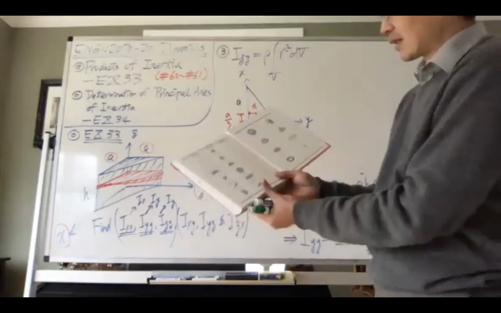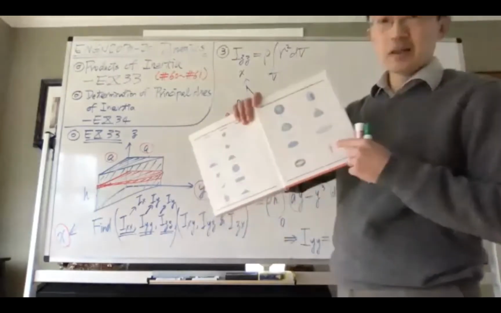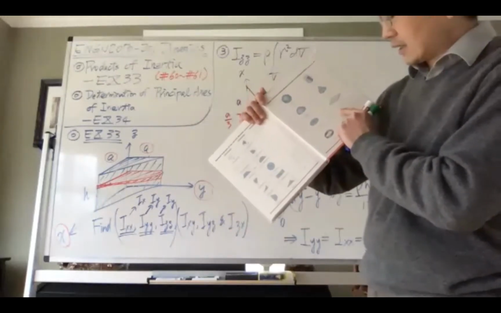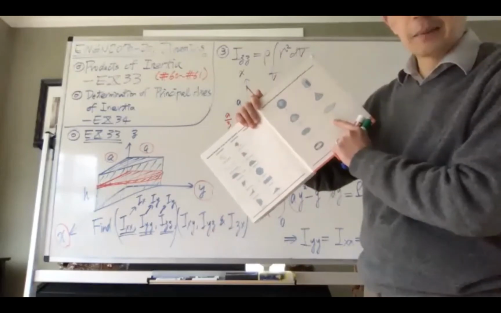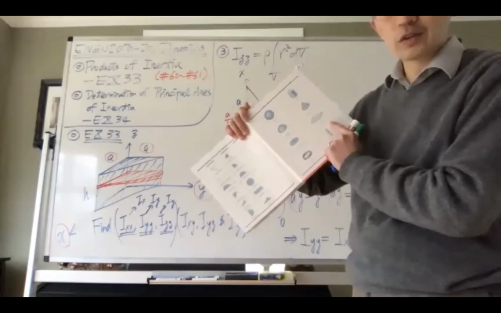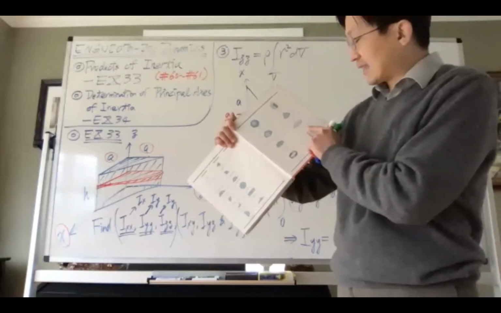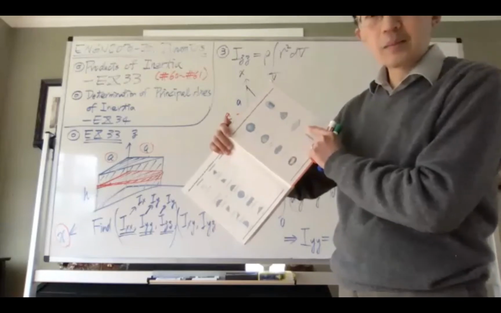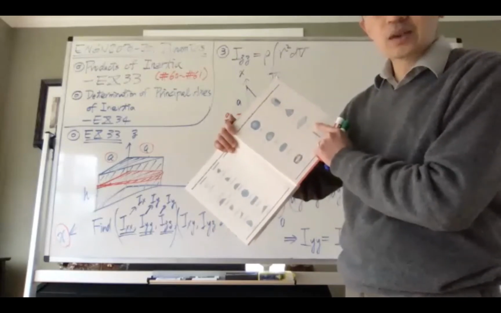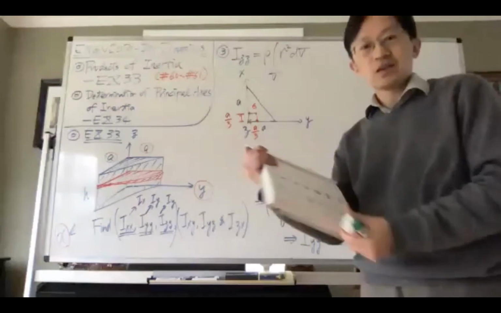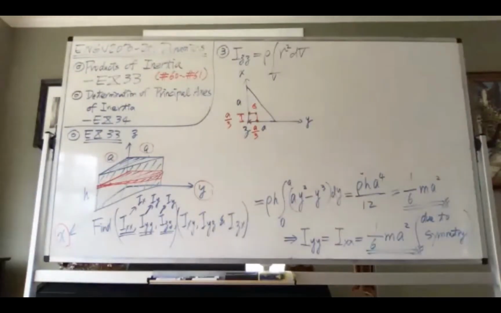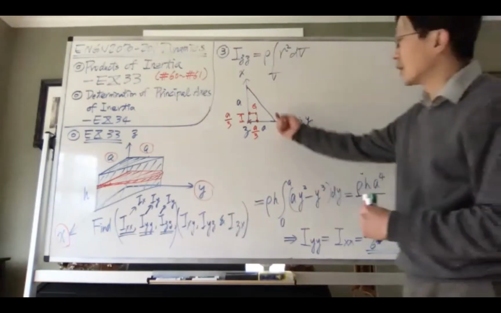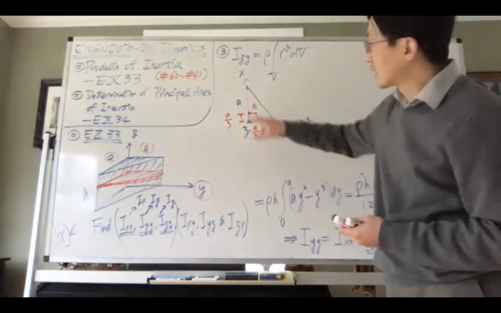But if you look at the rectangular plate, Ix is 1/12 of the perpendicular dimension, and Iy is 1/12 of the perpendicular dimension. For Iz, it is 1/12 of the mass times the sum of the squares of the dimensions. So what does that mean? That means that the mass moment of inertia in the z direction has something to do with the dimensions on x and also on y.